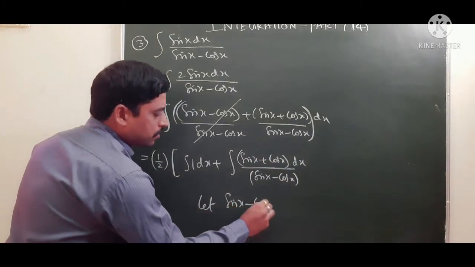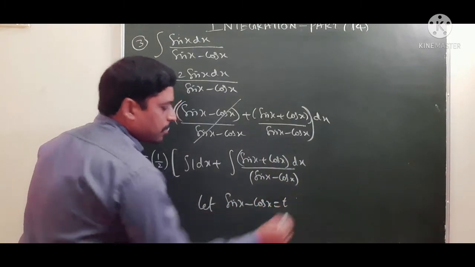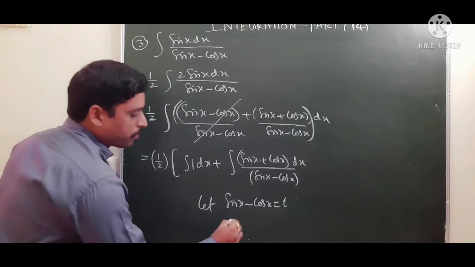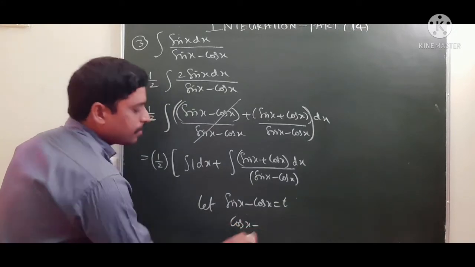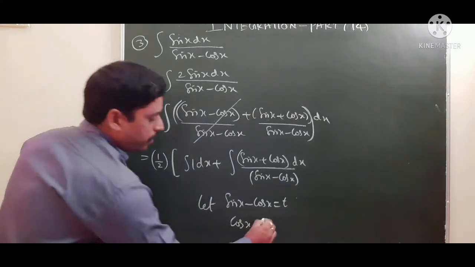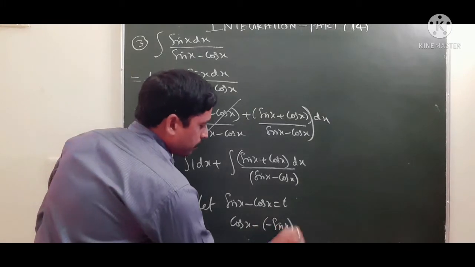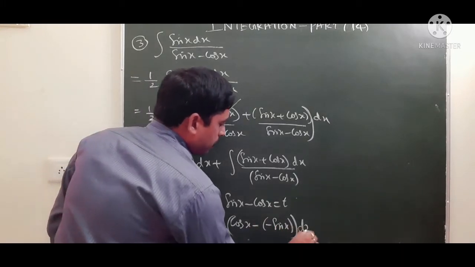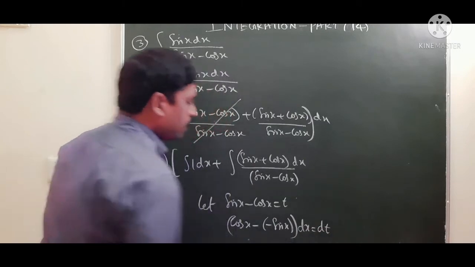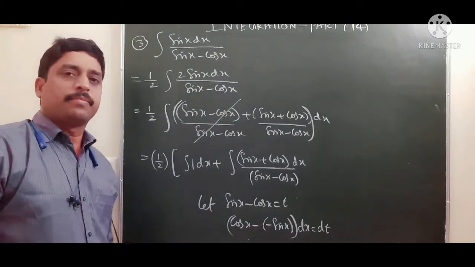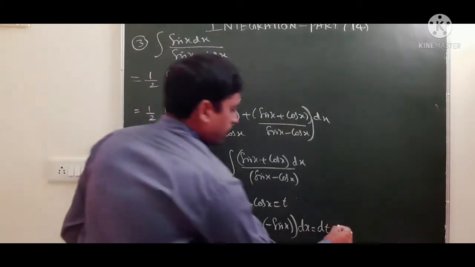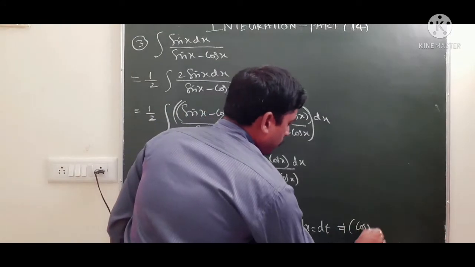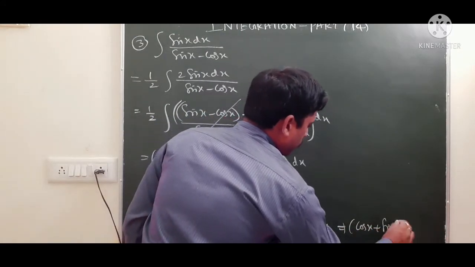Sin x minus cos x is equal to t. Now take the derivative on both sides. Derivative of sin x is cos x. Derivative of cos x we get minus sin x, dx is equal to dt. Okay, clear? Minus into minus is plus. So this will be cos x plus sin x into dx is equal to dt.